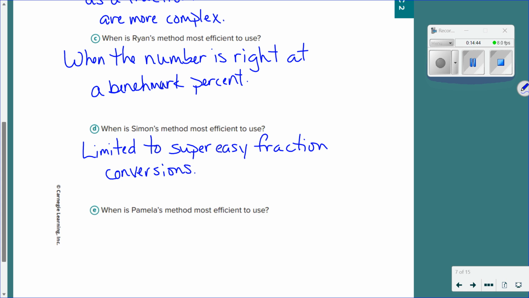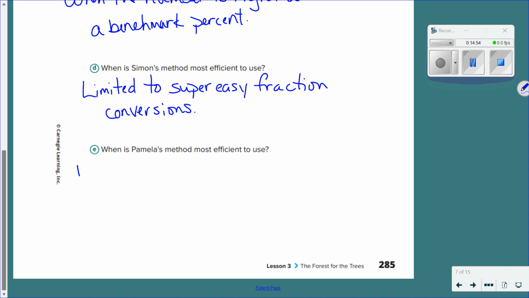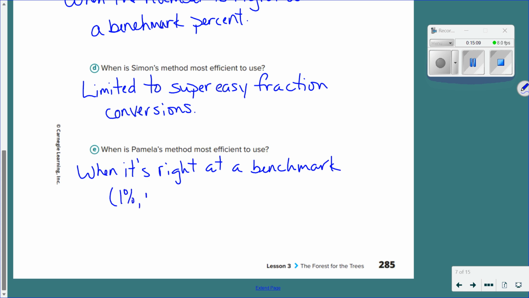What about Pamela's? She's the one that used the benchmarks. So it's going to be kind of like the first one we did. When it's right at a benchmark is going to be the easiest. In other words, if it's right at like 1%, 10%, 25%, that's going to be really easy to do.